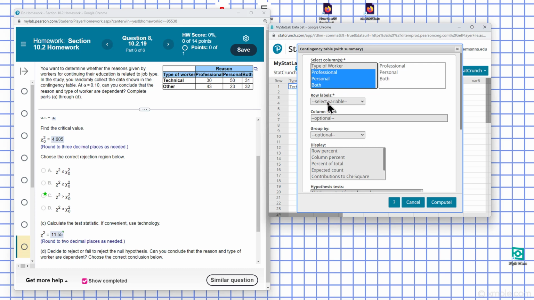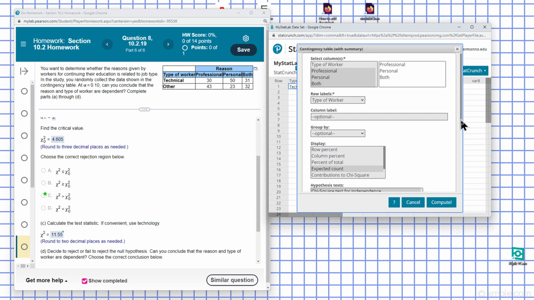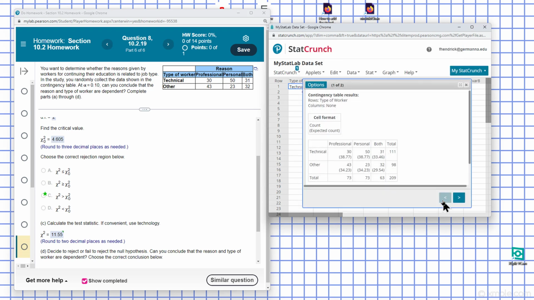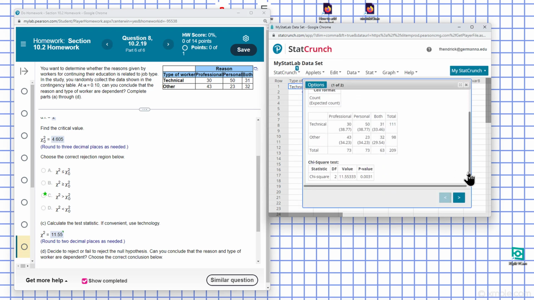And then select our row labels, type of worker. Now just select the count. And scroll down a little more. Select this chi-square and hit compute. And there's my test statistic here.